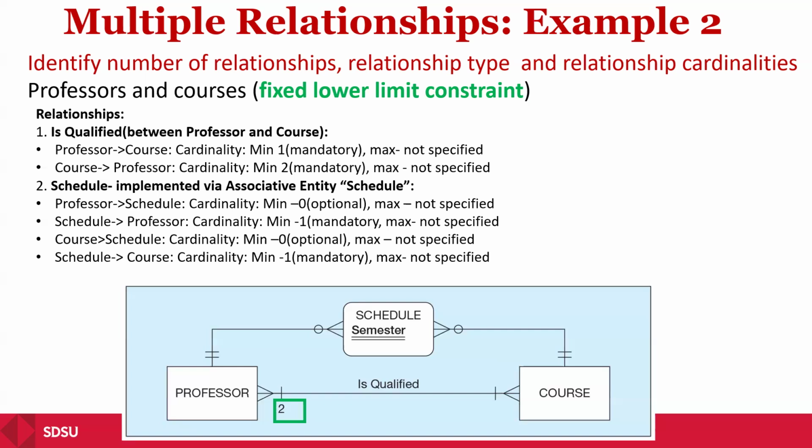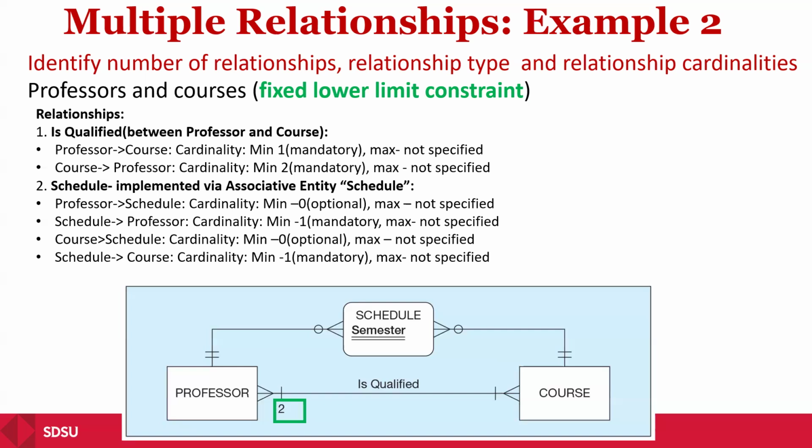Is qualified, that is between a professor and a course. From the course, its minimum cardinality is one, the relationship is mandatory. We don't know the max cardinality.